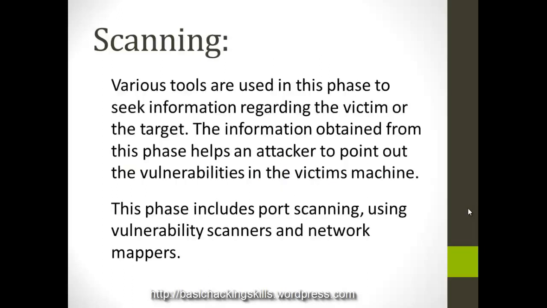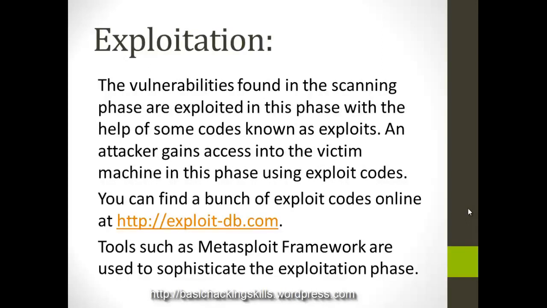Scanning: there are various tools for that. In this we use Nmap for scanning the network, and the information obtained is like the open ports and the applications running on the ports. Daemons are the services running at the open ports. Next we go to exploitation. Exploits, as I spoke before, are codes that take advantage of a vulnerability in the system.